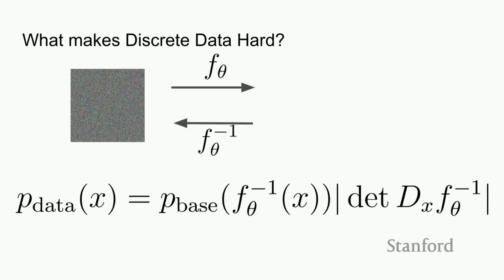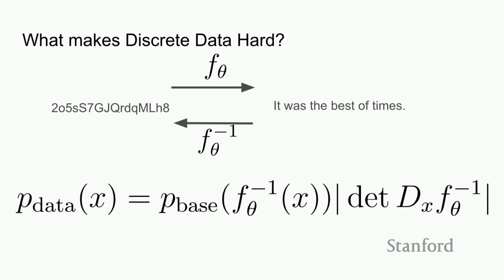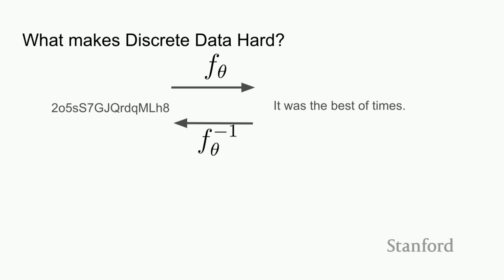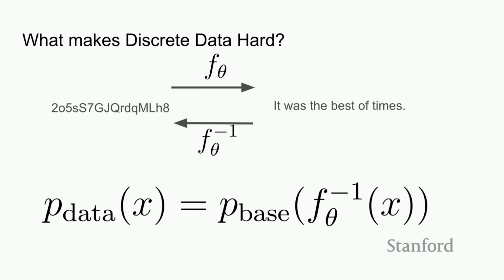Now, if we replace all of this with discrete data, so let's say we go from a discrete random sequence and map it bijectively to another sequence that we want to model, well, do we have a change of variables? We don't really have a change of variables. In fact, the best that we can get is a setup where our x has the same probability as this other x. And because of this, your base distribution has to be as expressive as your data distribution, which is why this type of setup struggles really hard.